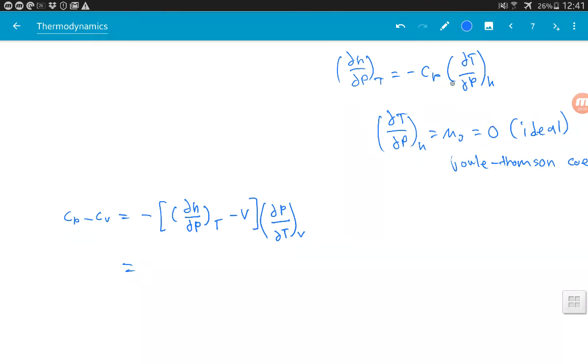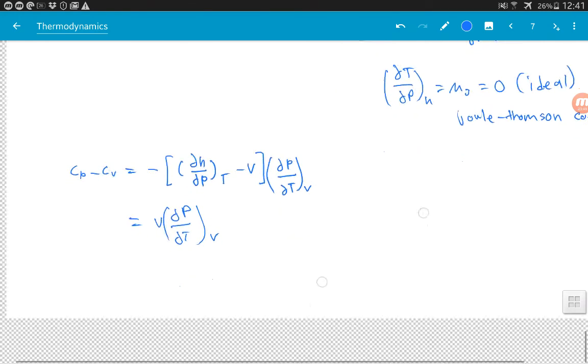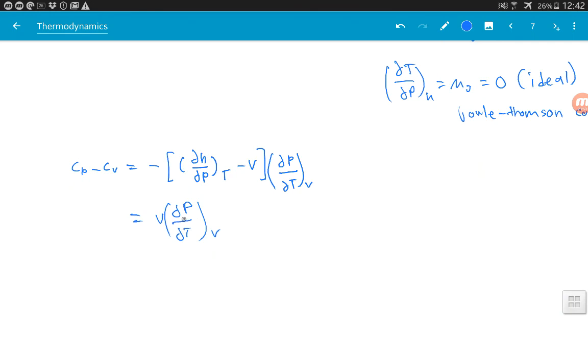Since Cp is not 0, this has to be equal to 0, and we reduce everything to del P del T at constant volume. Which I've shown you earlier is also equivalent to the ideal gas constant, and we get the same conclusion we obtained before: Cp minus Cv equal to R.